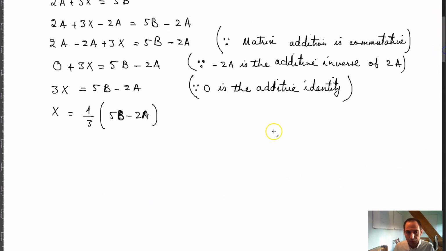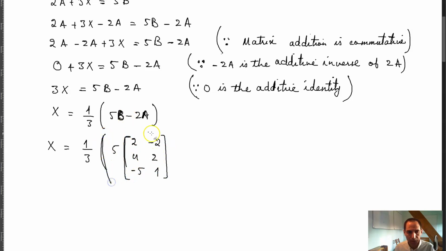And therefore, now you can calculate X. X is equal to 1/3 times, for example, 5 times B. 5 times B was basically this matrix: 2, negative 2, 4, 2, negative 5, 1, and negative 2 times A, which is basically 8, 0, 4, negative 2, 3, and 6.